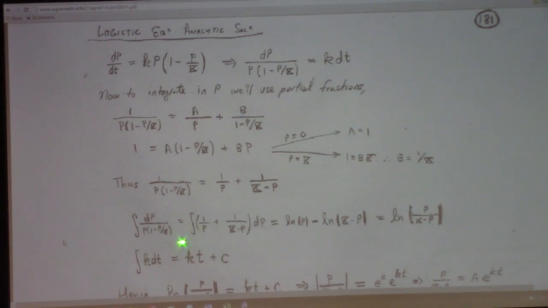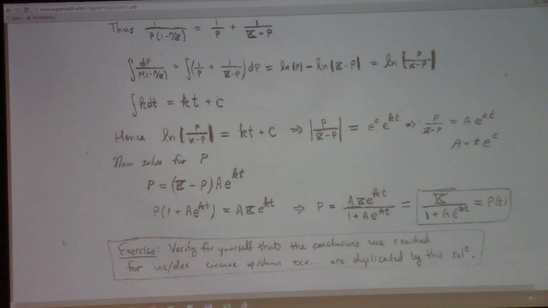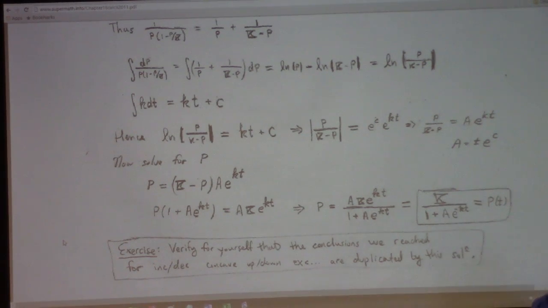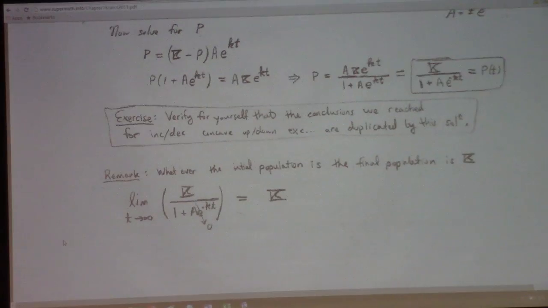So there's the partial fractions, and you do some algebra, and some more algebra, and eventually you get to this: population is a function of time, carrying capacity, and 1 plus some constant times e to the minus kt. As t goes to infinity, this drops to 0, and everything goes to the carrying capacity with the logistic equation. So there's that. All right.